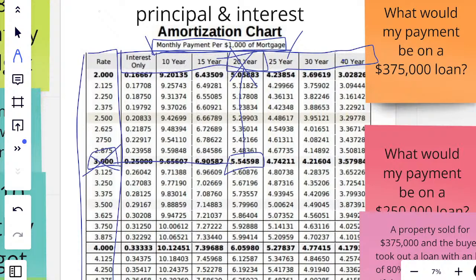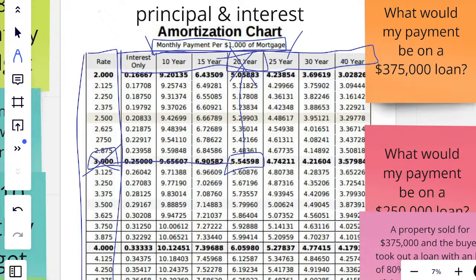So my question to you is this. We're going to start really nice and simple. The first question that I have for you is, what would be my monthly payments for principal and interest if I had a 20-year loan?